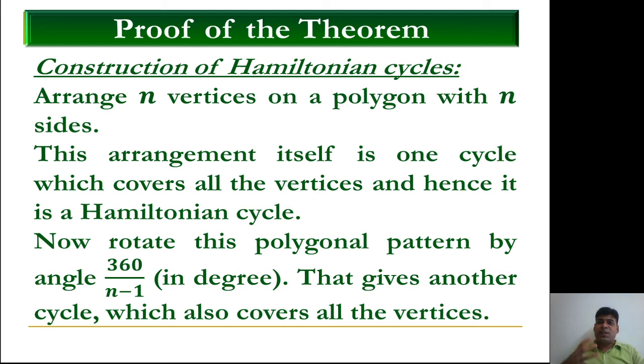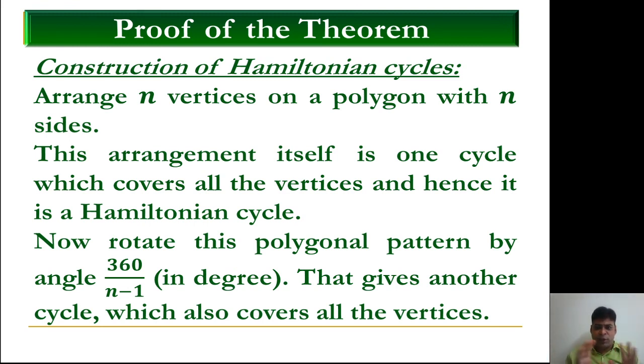We are constructing cycles by considering the vertices. So first of all, for Kn we require n vertices. So consider n vertices and arrange them on a polygon of n sides. The number of sides will be the same as the number of vertices in a polygon. So we have an n-sided polygon at present, right?